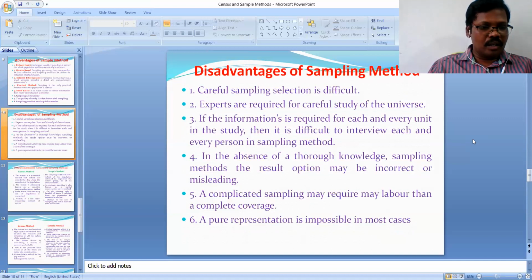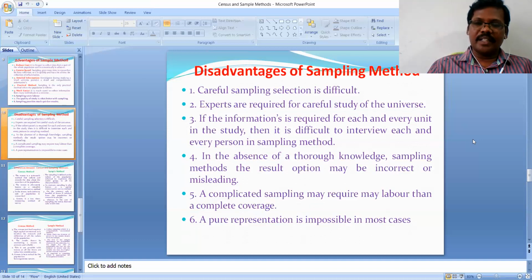Of course, we have some difficulties also with the sampling method. That means there are some disadvantages. So what are the disadvantages? Careful sampling selection is very difficult.